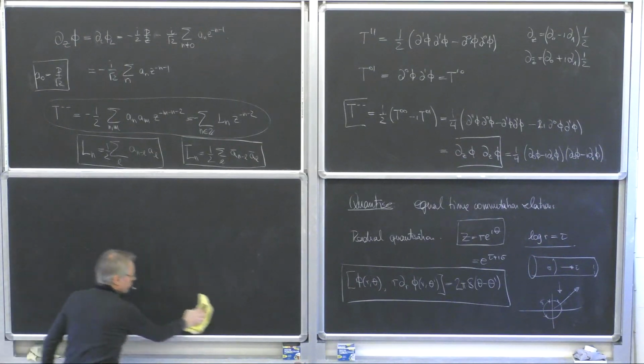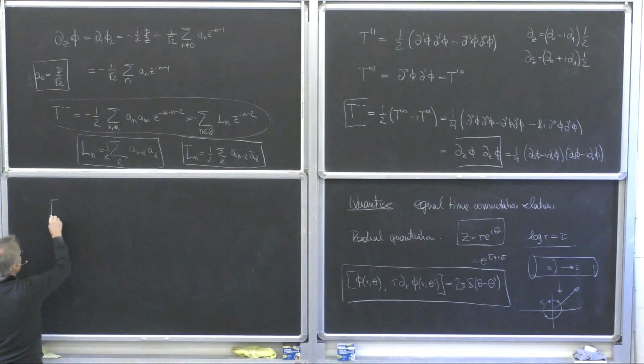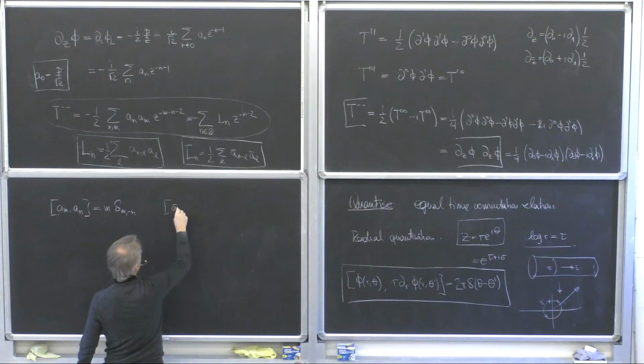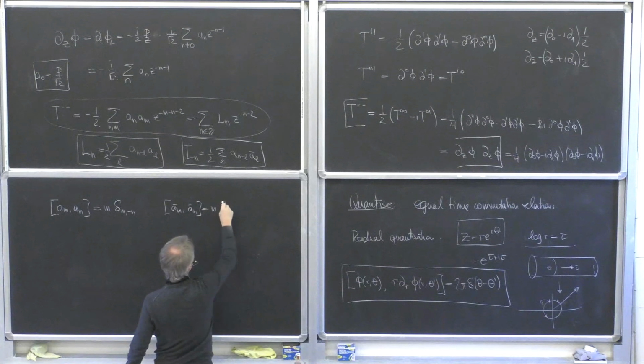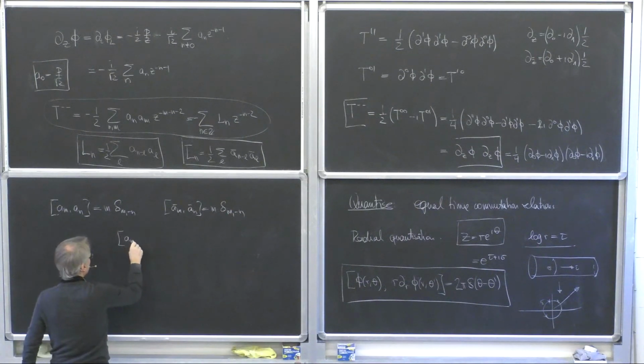So if you plug this in and you treat them as all independent, what you find is that the commutator of A_m with A_n equals m times delta m minus n, and A_m bar with A_n bar equals m times delta m minus n, and the a's with the a bars will be 0.